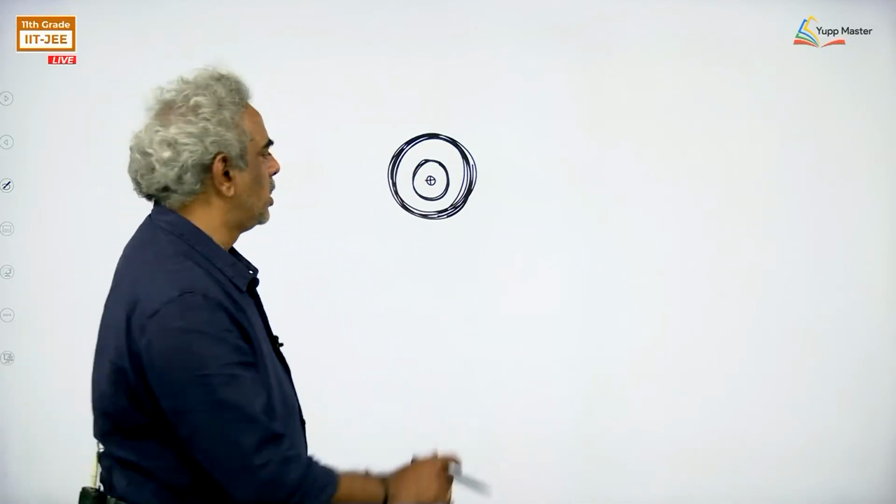This is 2s. What about other orbitals present in the second principal state? 2p: 2px, 2py, 2pz. This is 2px.